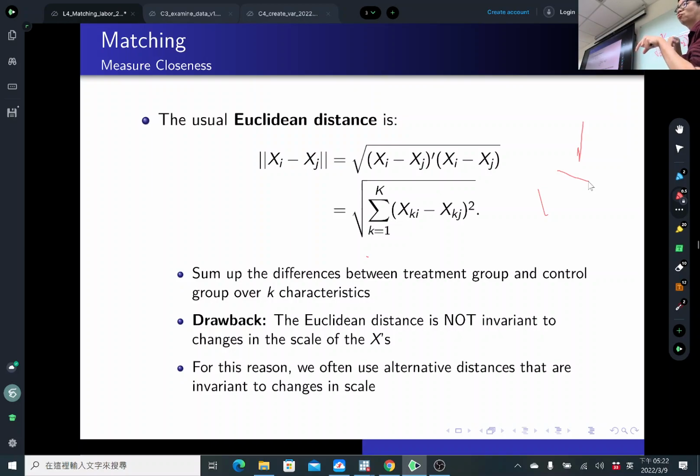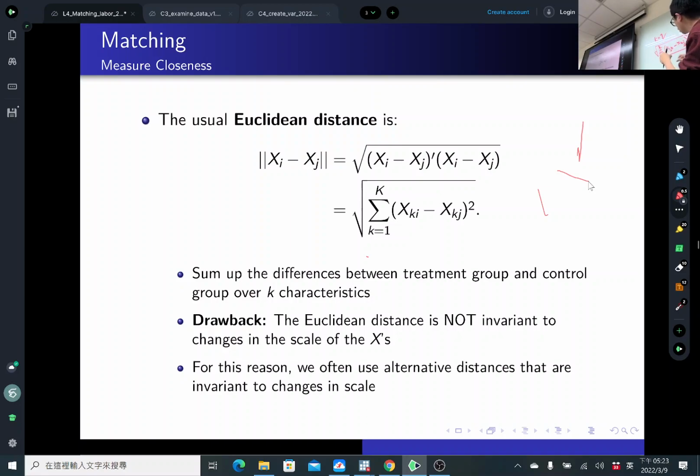You need to also find another dimension, education. So for each individual i in the treatment group, you need to calculate the difference in terms of age and also education, sum them up, and take a square.